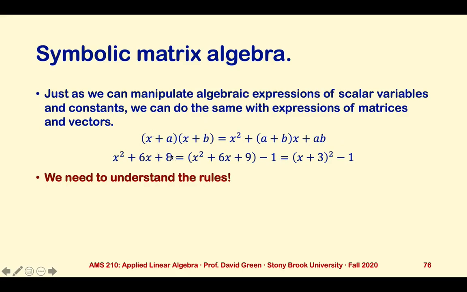We can go in the reverse direction, and take a quadratic expression and complete the square, rewriting x squared plus 6x plus 8 as x squared plus 6x plus 9 minus 1, and then recognize that this is (x plus 3) squared minus 1, and so on.